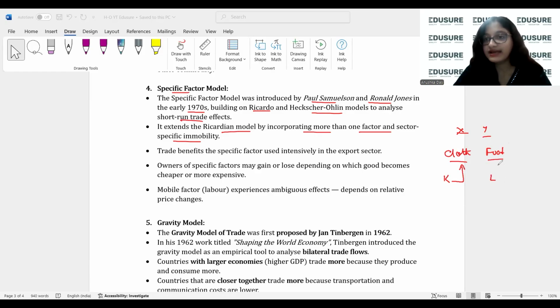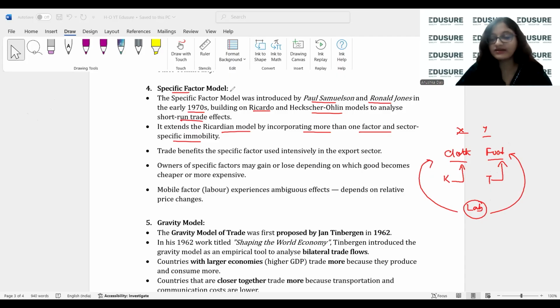Land, on the other hand, is generally written as T, not to confuse it with labor. Land is also a factor which is specifically used for production of food, but labor is a mobile factor which can be used for production of both cloth and food. This is the unique assumption in the case of the specific factor model.